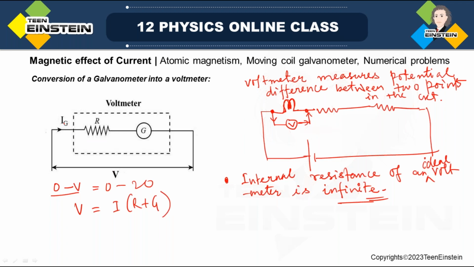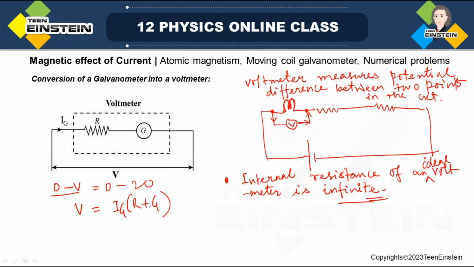This is Ig, as you know. Ig is the current through the galvanometer, and since resistor R is connected in series with the galvanometer, the same current will pass through both. So R plus G into Ig will give you the range of the voltmeter.